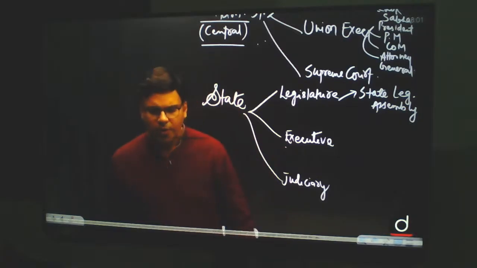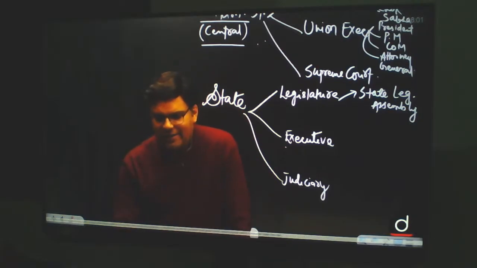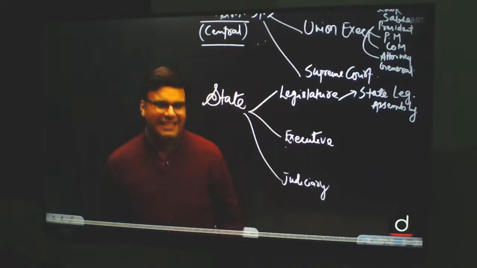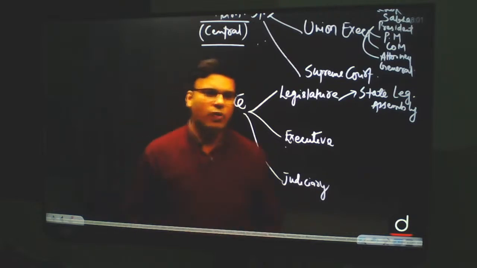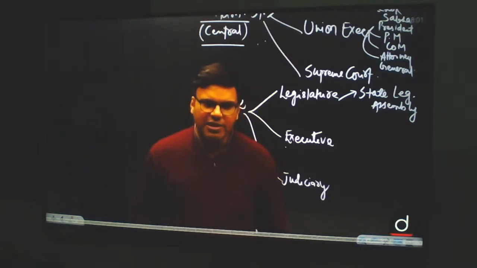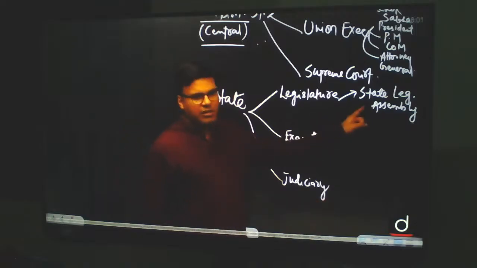So you will have the state legislative assembly, but there are only a few states, like 6 states, जहां पर एक और हाउस होता है, which is why only 6 states have a bicameral state legislature. Otherwise 22 states have only a unicameral state legislature.